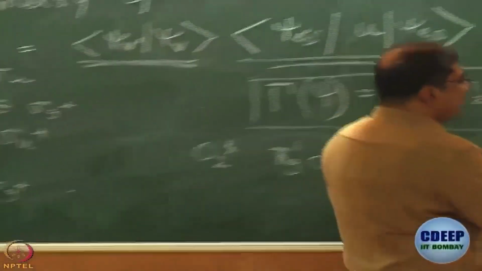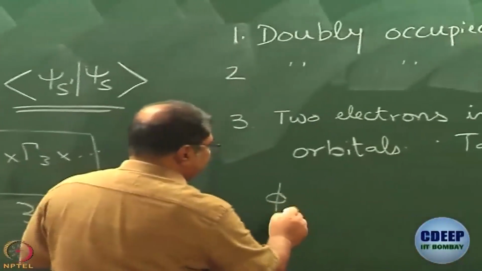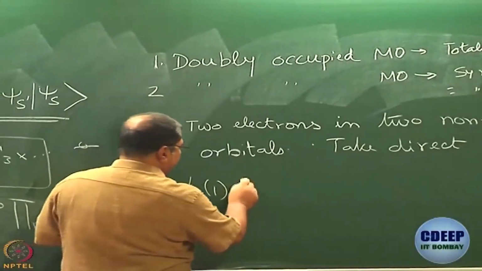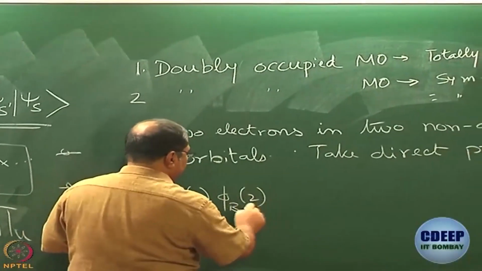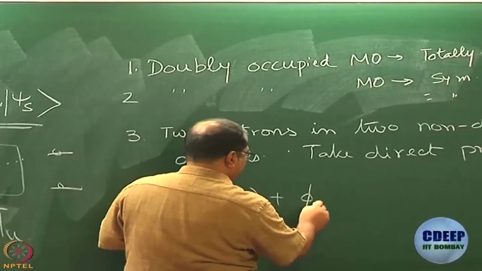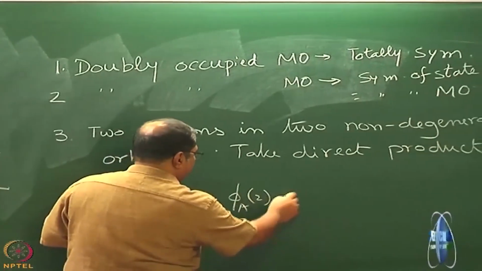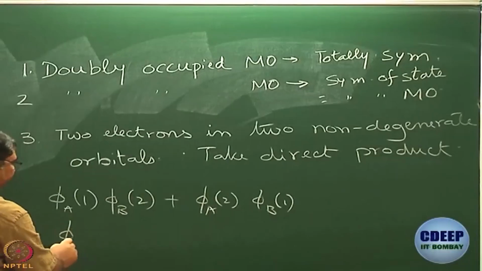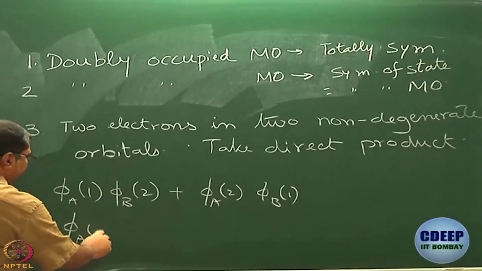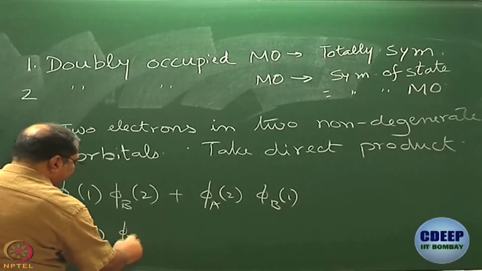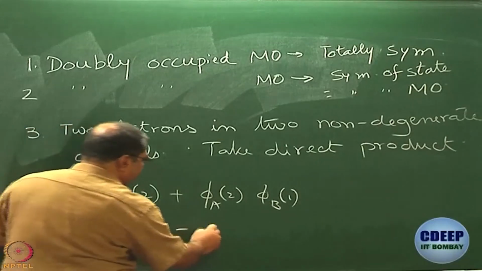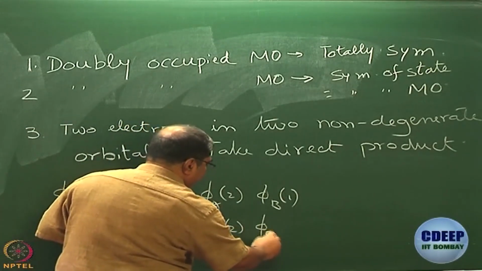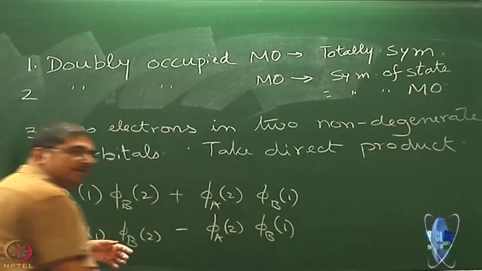So, you always generate spatial parts like this, say phi A 1, phi B 2 plus phi A 2, phi B 1, and you have phi A 1, phi B 2 minus phi A 2, phi B 1, alright.